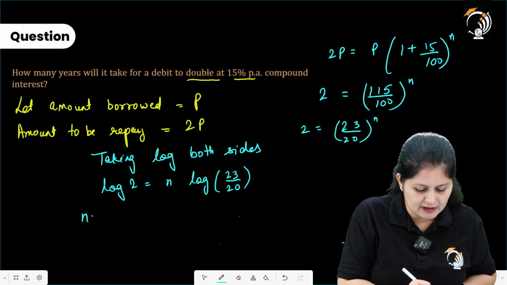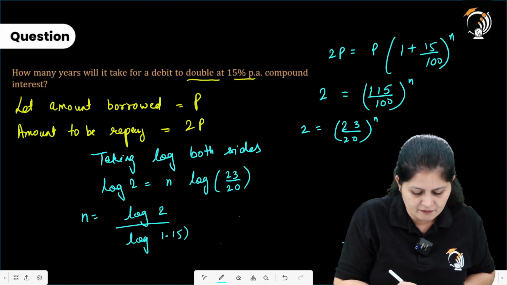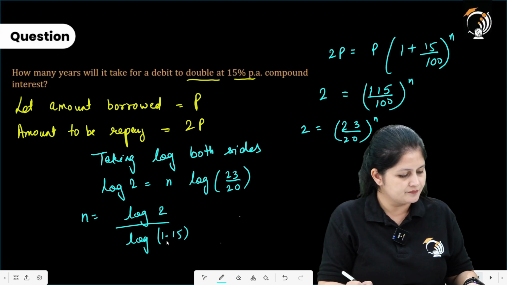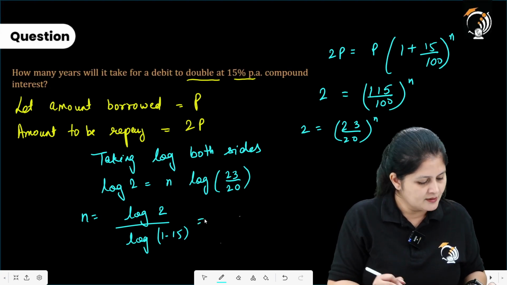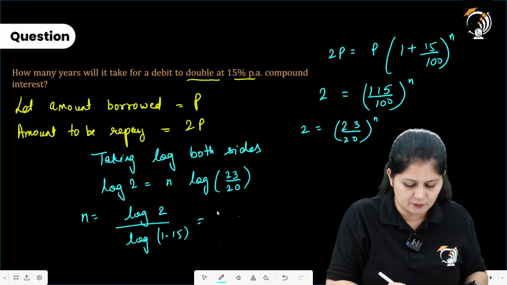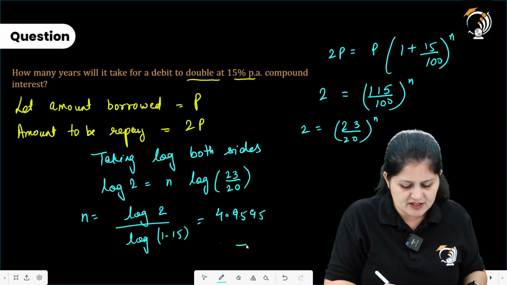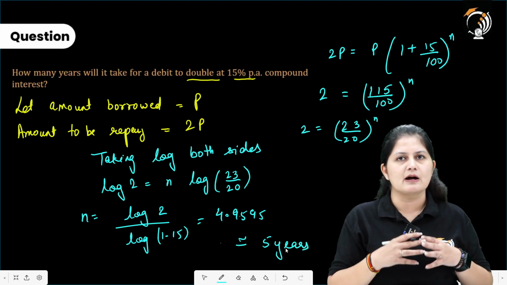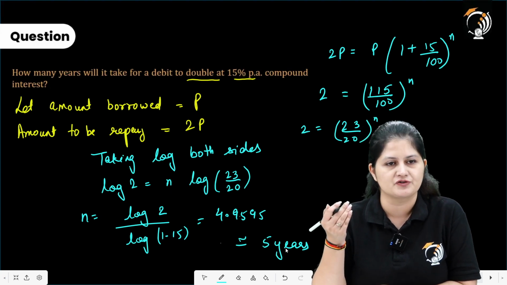So if we need to find n, that is going to be log 2 over log 1.15. So let's do this calculation. After using the tables, it comes out to be 4.9595, which is approximately equal to 5 years. So in 5 years, this amount is going to double at 15% rate of interest. Clear?